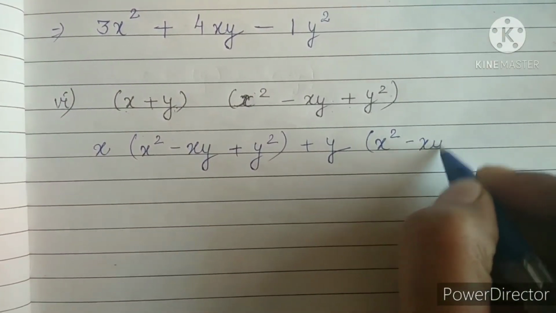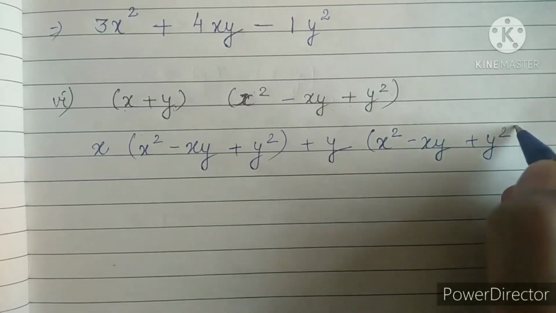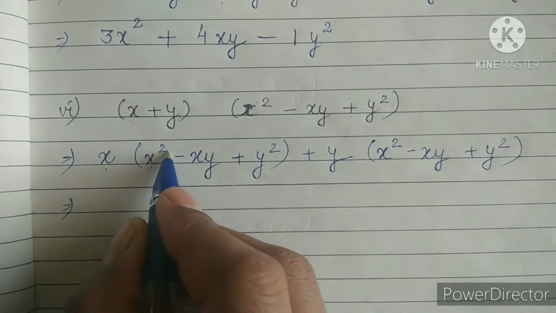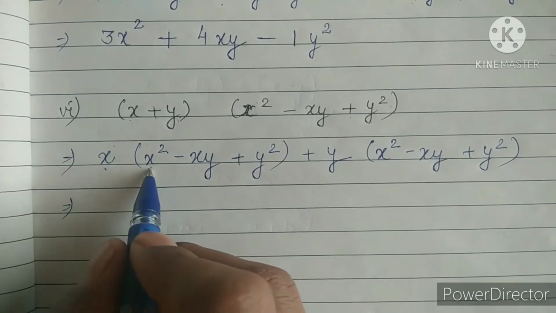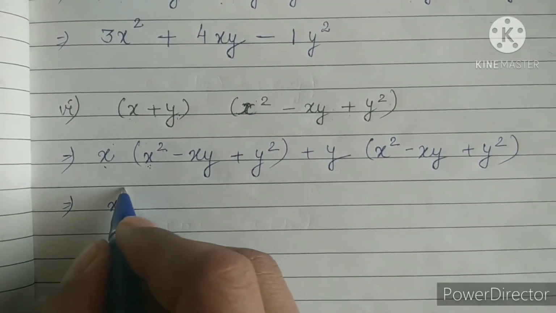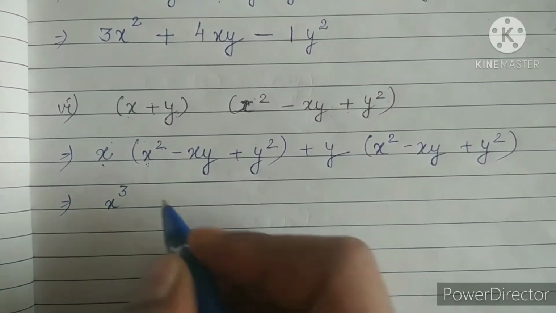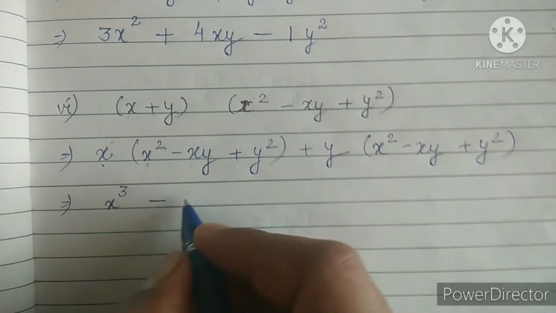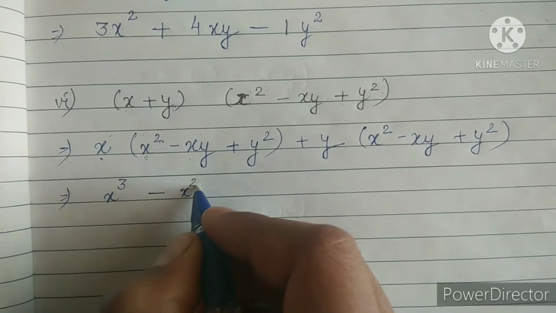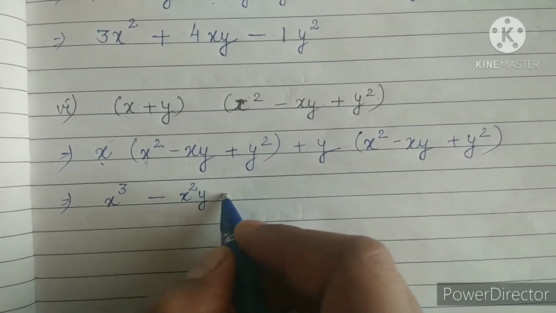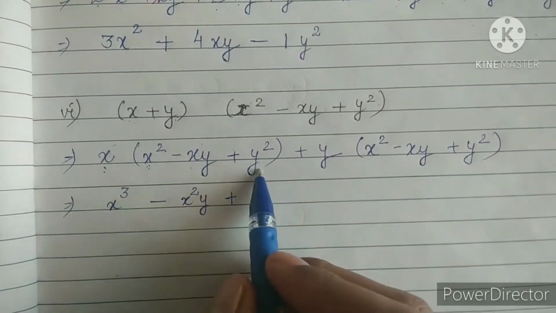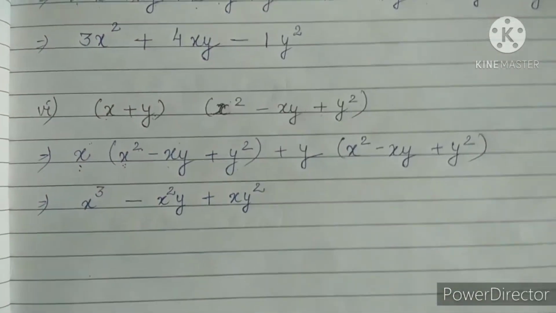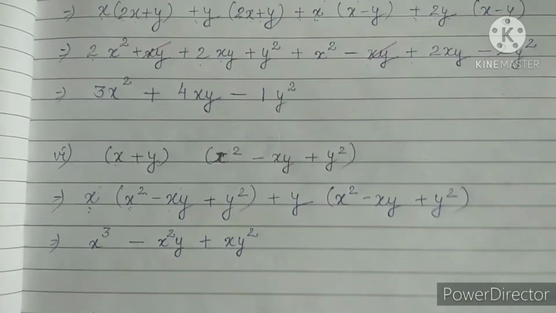So x into x square, x to power 1, x to power 2, it will give us x to power 3, minus x to power 1, x to power 1 will give x raised to power 2 y, plus x into y square will give us x y square. Okay.